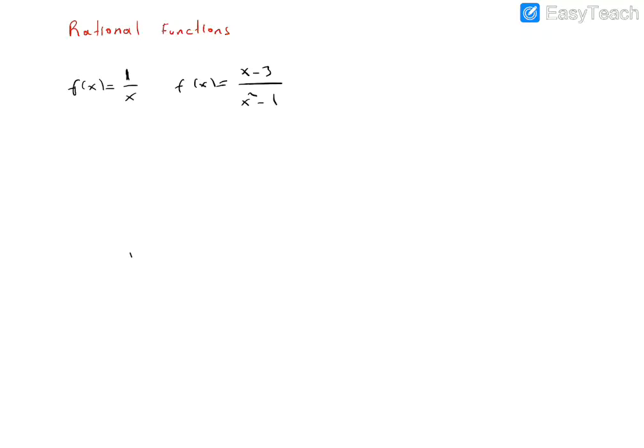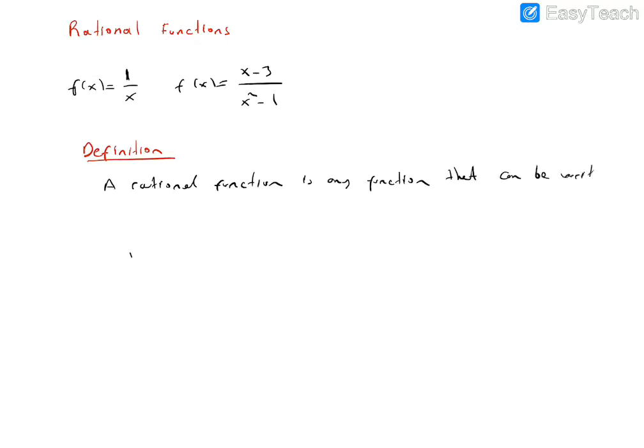So we can define the rational function in the following way. Definition. A rational function is any function that can be written in the following form: f of x equals n of x over d of x.